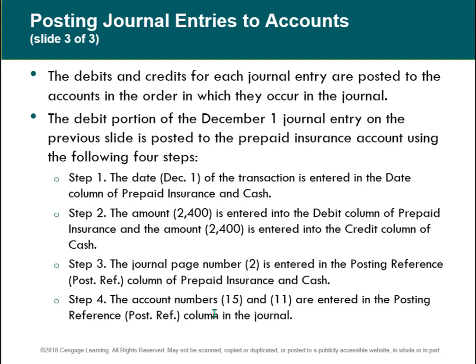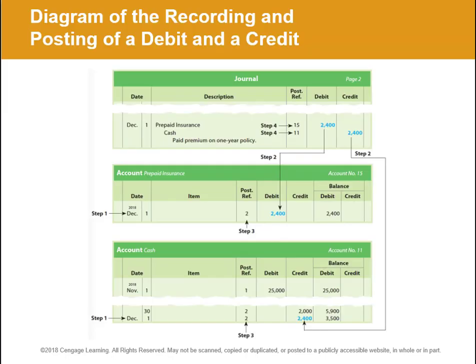So let's take a look at this. This would be a journal, and here is our journal entry, and there's the account page in the ledger. The prepaid insurance is $2,400, and I updated the account by that entry.